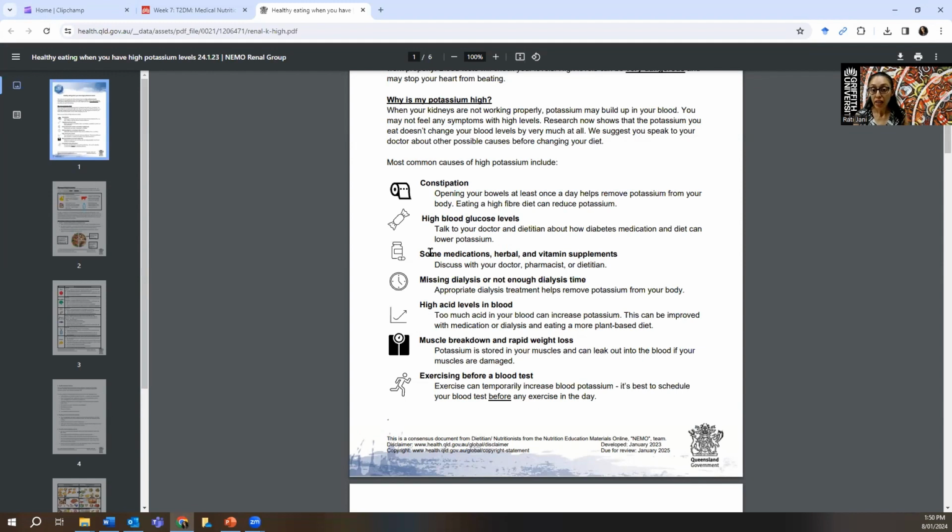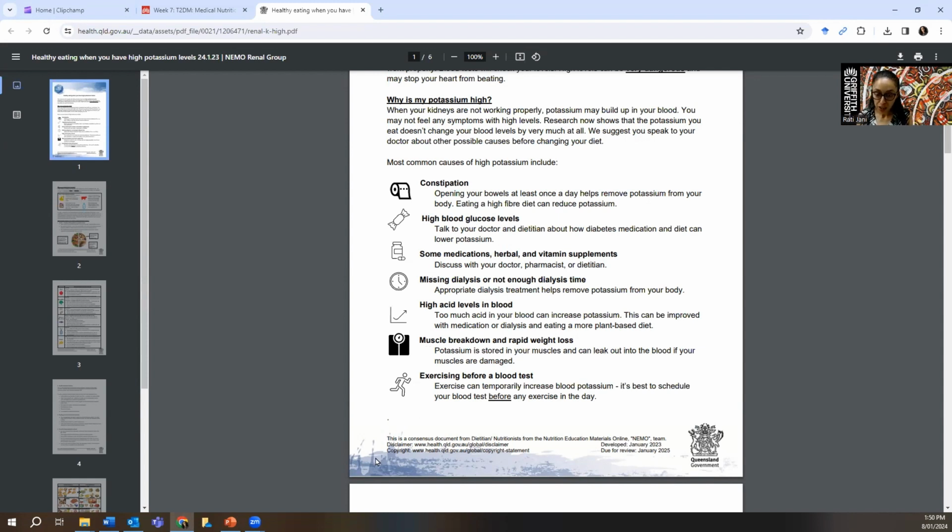All right. Then some medications, for example, can cause high potassium levels. Missing dialysis, very, very important. Then high acidity levels in the blood, muscle breakdown, muscle wasting, and exercising before a blood test, because these are all of the various causes which can cause high blood potassium levels.